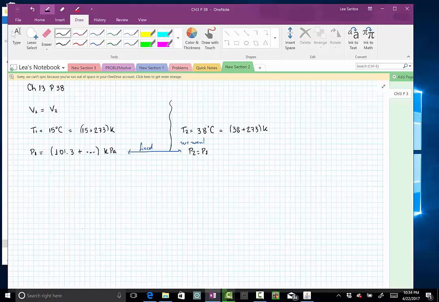Well, this is only possible if I open the tire a little bit and let some of the air move away. So I need to remove part of this air. And the question is, what fraction of the original air must be removed if I want this pressure not to change?